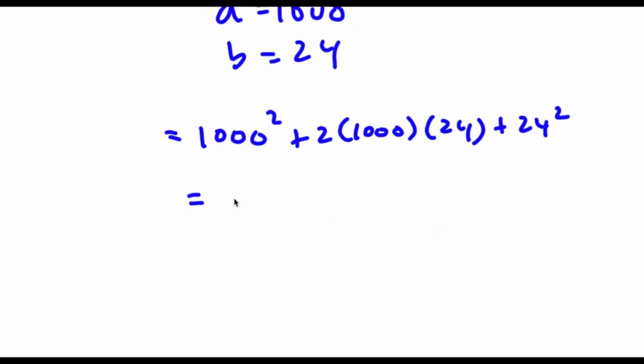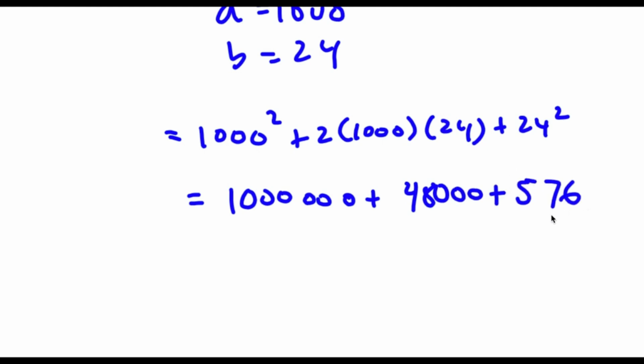Now 1000 squared, this is simply equal to 1 million plus, I have 2 times 1000, which is equal to 2000, and 24 times 2000, which is equal to 48,000. So I have plus 48,000 plus 24 times 24, which is equal to 576.